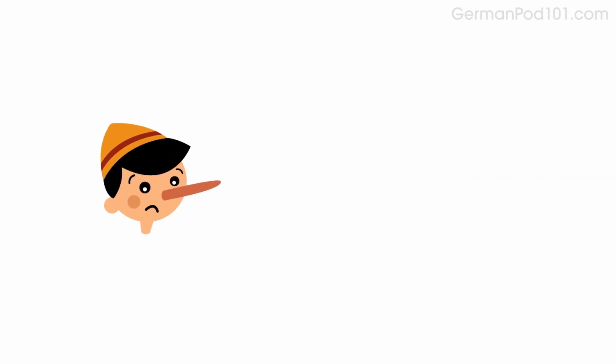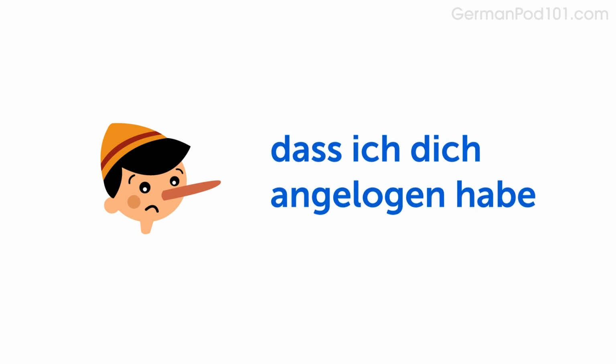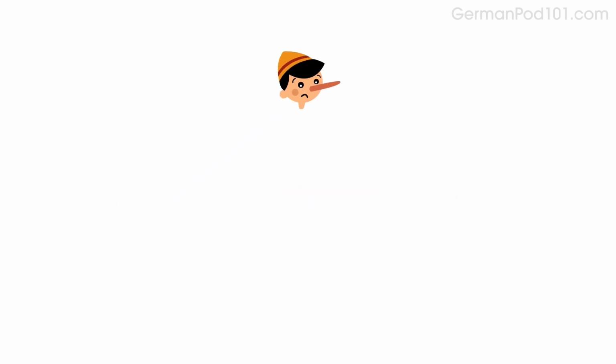Imagine you want to apologize because you told a lie to someone. Do you remember how to say lying to you? Dass ich dich angelogen habe. Say, I'm sorry for lying to you.